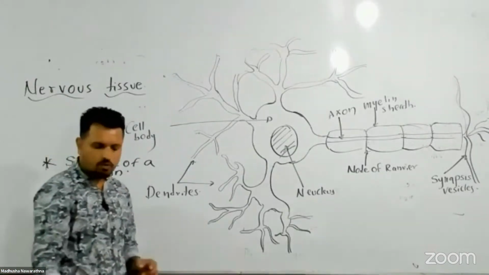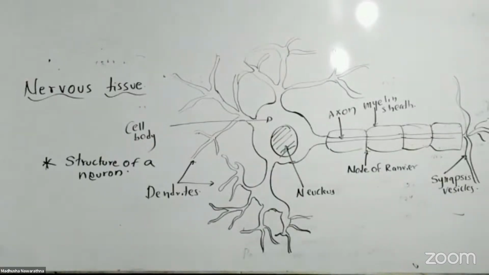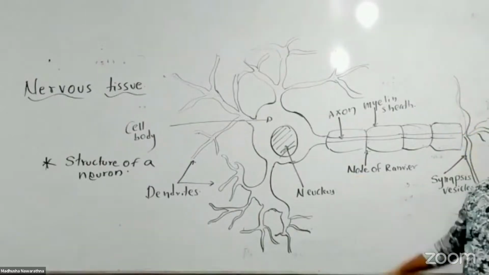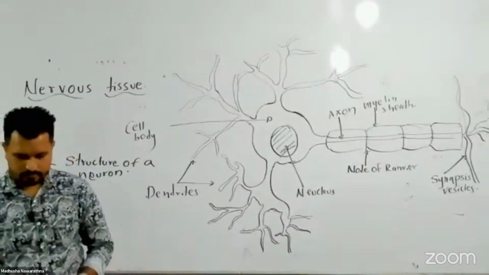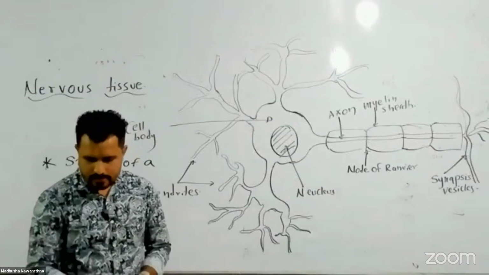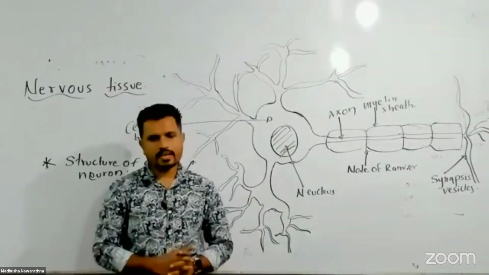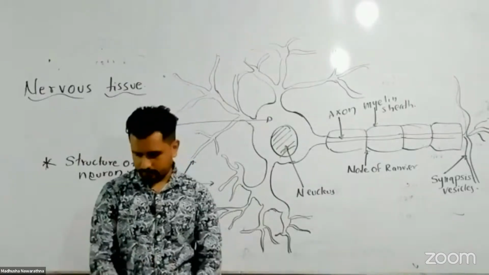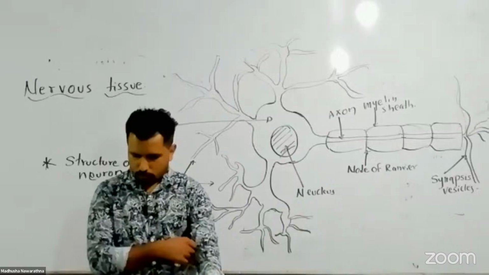The structural unit of nervous tissue is the nerve cell or neuron. Full stop.